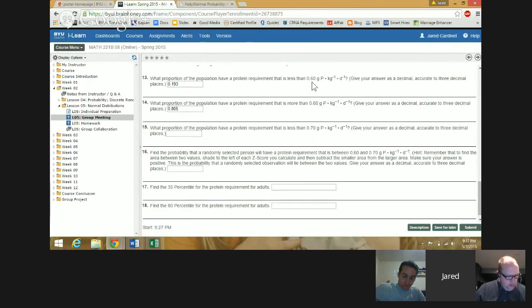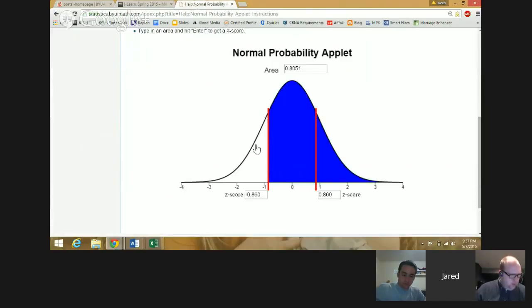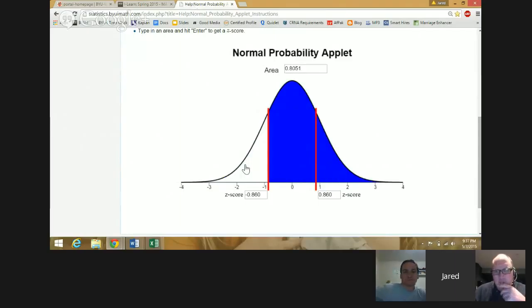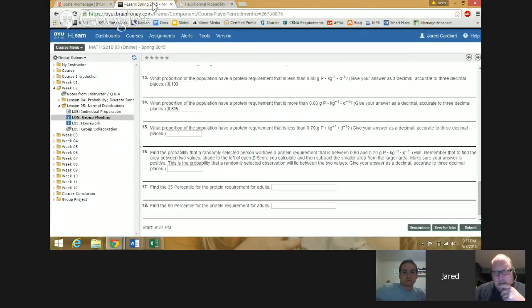So it's 1 minus 0.193, right? Yeah, or you can just look at it from the normal distribution, because we just looked at the less than, and now we're looking at the greater than. So 13 is 0.193, and 14 is 0.805.